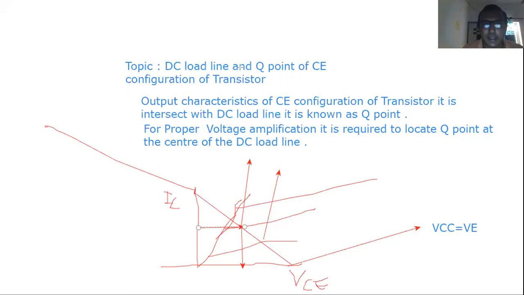What is the main difference between the Q point and the load line? See this.